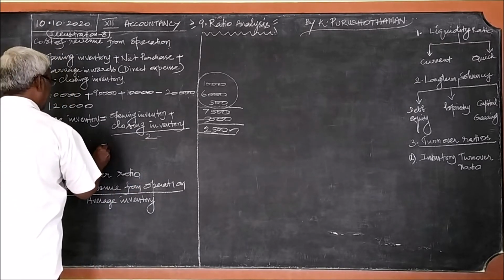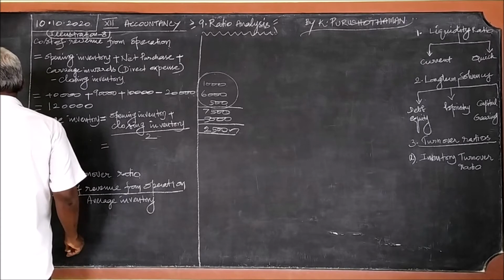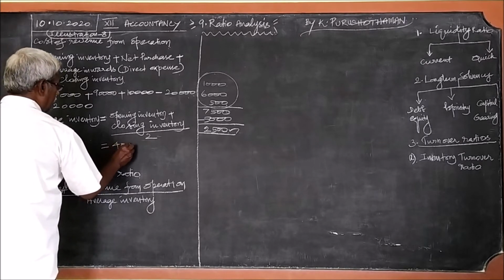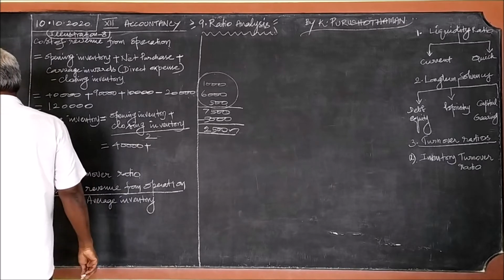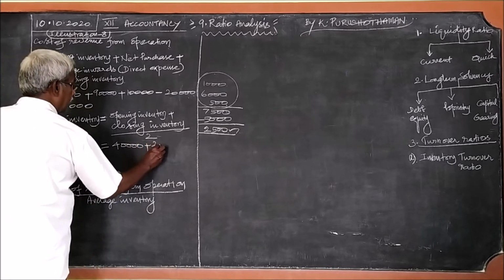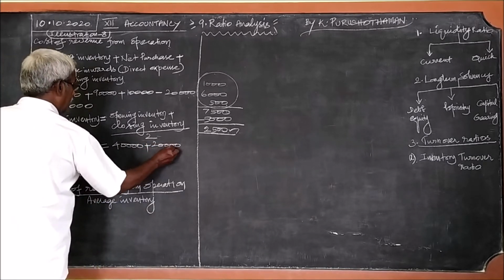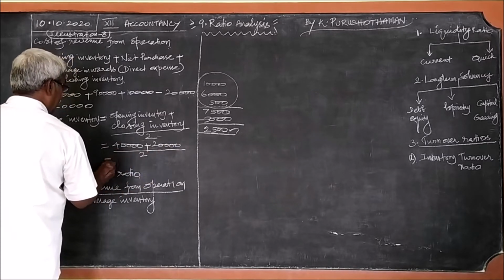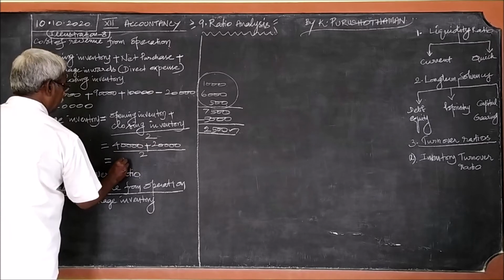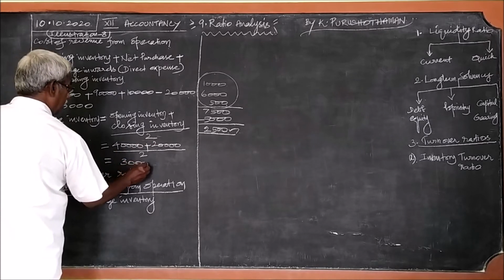What is opening inventory? It is given there, 40,000 plus closing inventory 20,000, divided by 2, that is 60 by 2, 30,000.